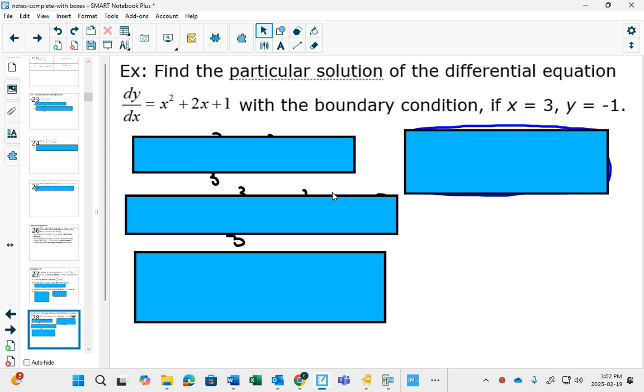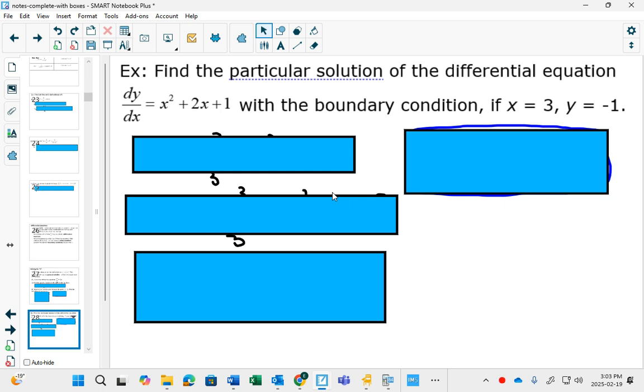So solving for that c is sometimes called finding the particular solution. Because a general solution has all of them with the plus c. A particular one is when you know a specific value of c. So in order to find a particular solution, you need an additional piece of information, that initial condition or boundary condition.